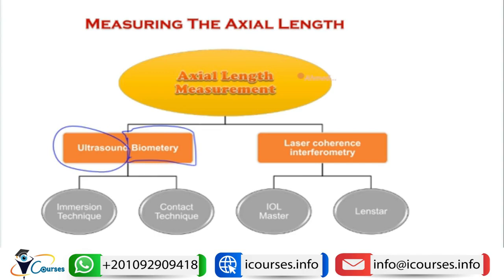When it reflects from the surface of the retina, we can know the distance that it traveled inside the eye, and by knowing the distance, we know the length of the eye. So this thing that we propagate inside the eye can be ultrasonic waves, or it can be infrared rays. Whether we are using ultrasound waves or infrared rays to know the length of the eye, both of them can be used for axial length measurement.